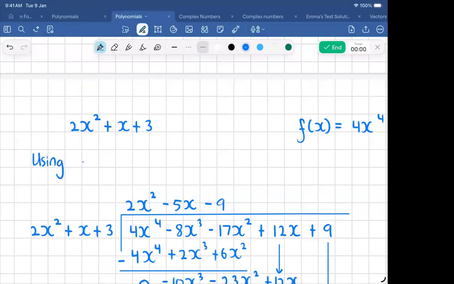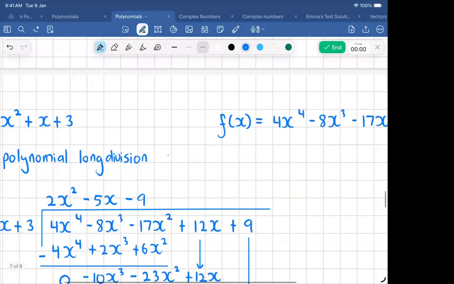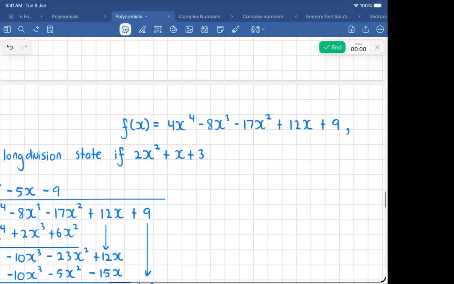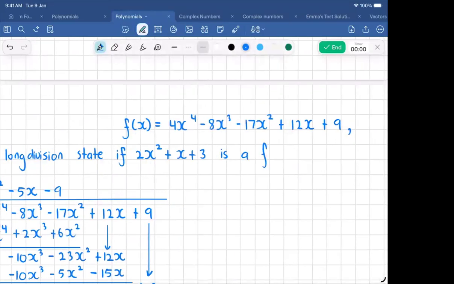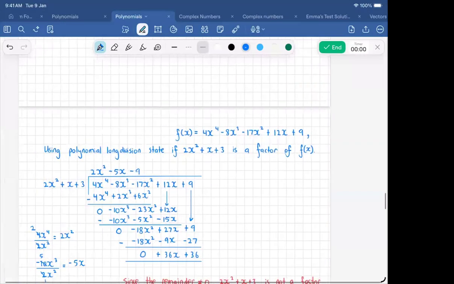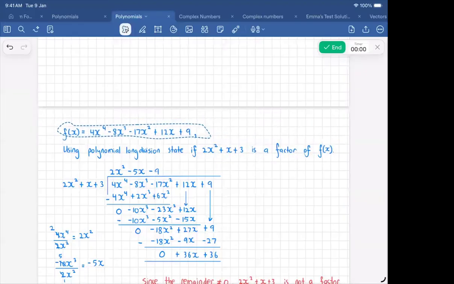Using polynomial long division, state if 2x squared plus x plus 3 is a factor of f of x.